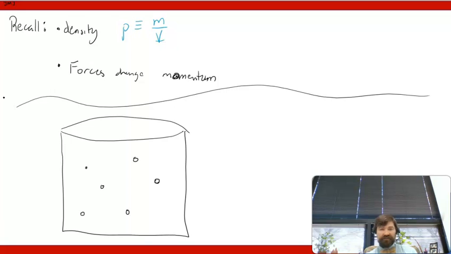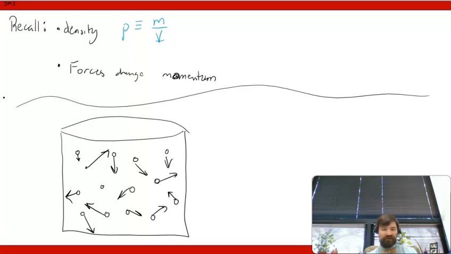The gas consists of a bunch of little molecules zipping around in any old direction, and these molecules are contained within the walls of this container. They have completely random velocity per particle, random direction, random speed.